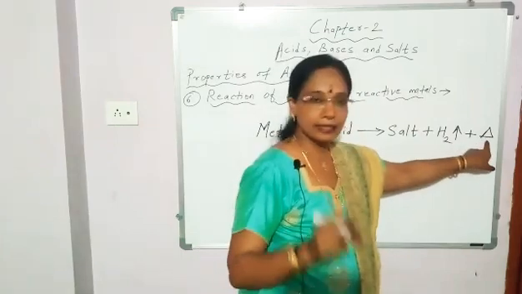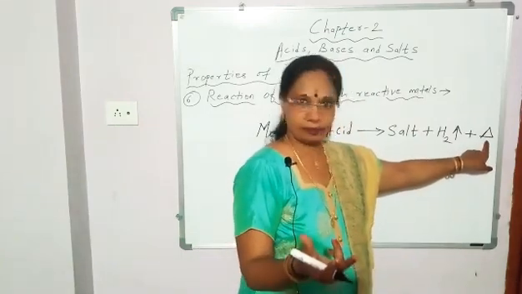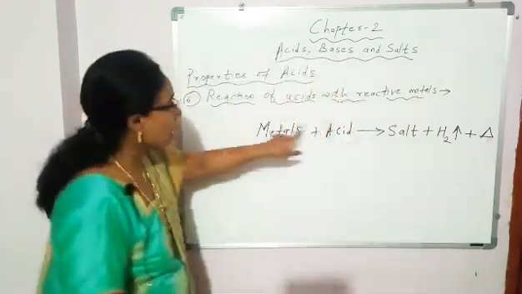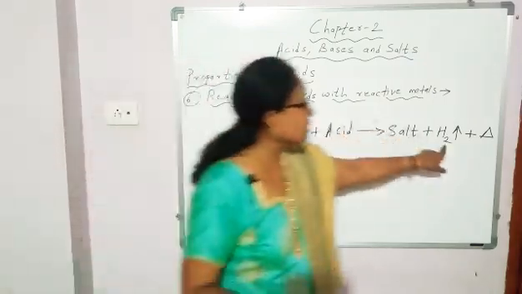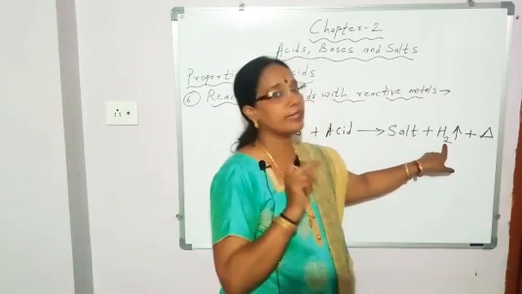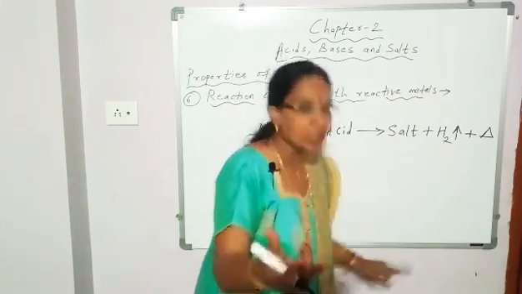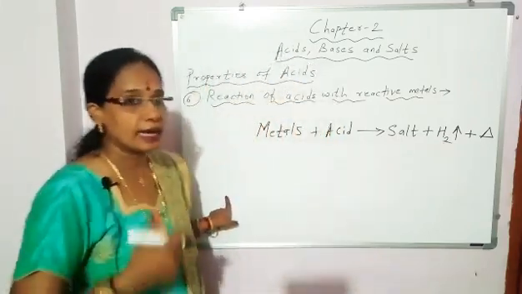This triangle sign is to show heat. So, acid when react with metals, which gas is evolved? Hydrogen gas. This will be more clear when I take an example.